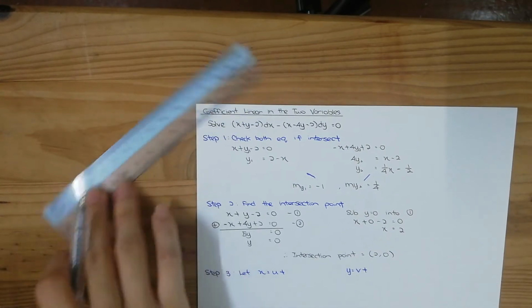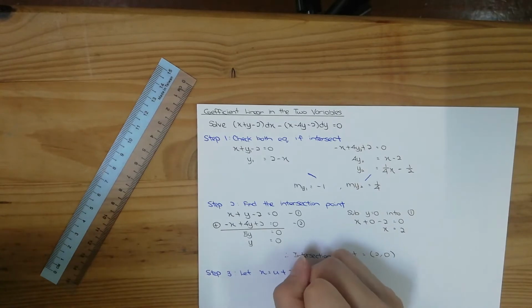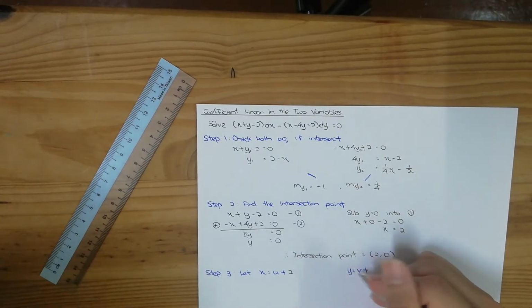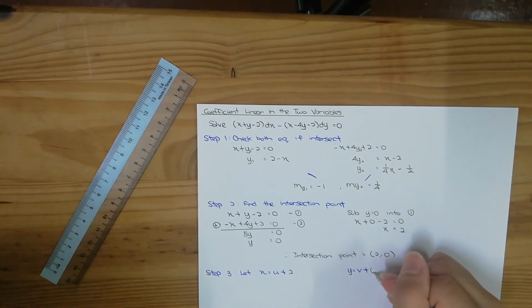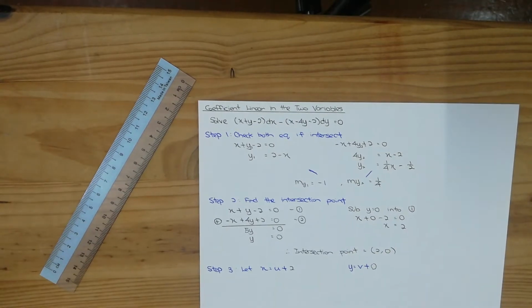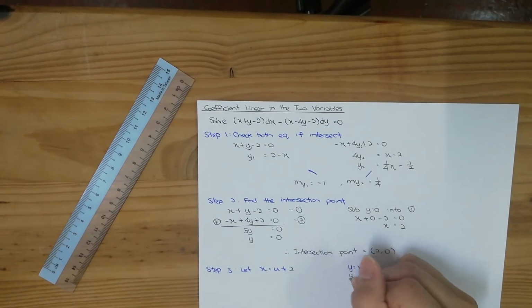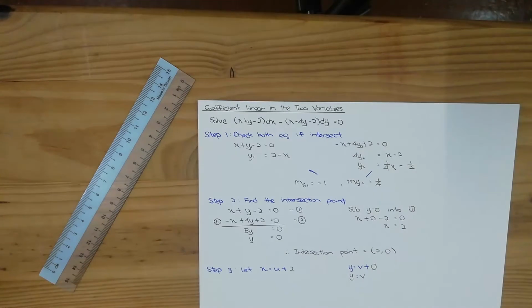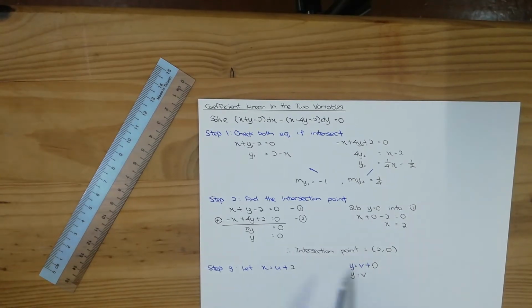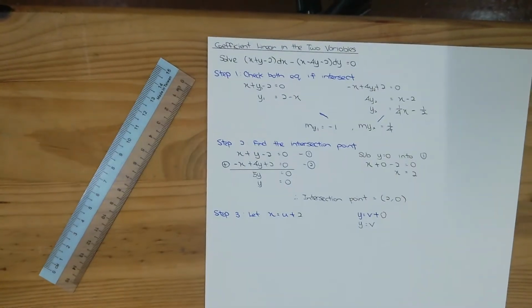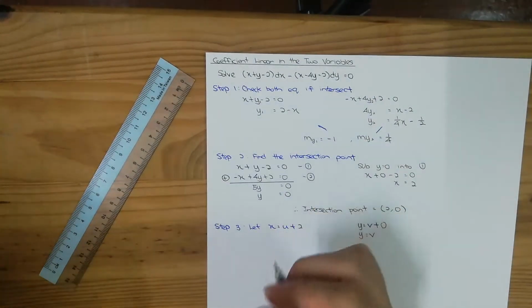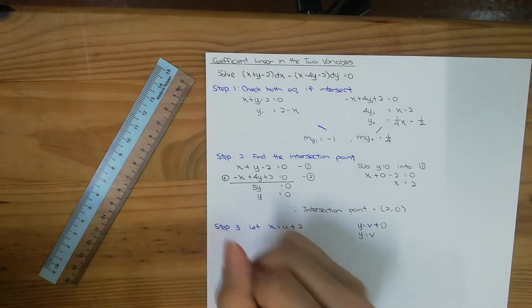We already got x is 2, so we just write u + 2, and for y we add 0, or you can write it as y = v. So now you just have to substitute the x and y into the original equation.